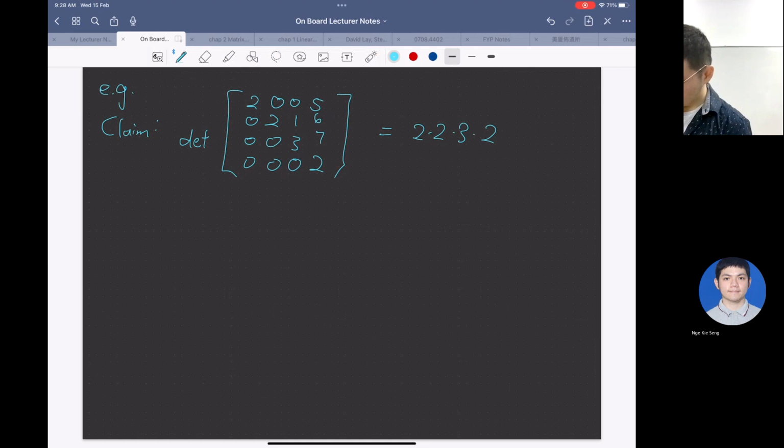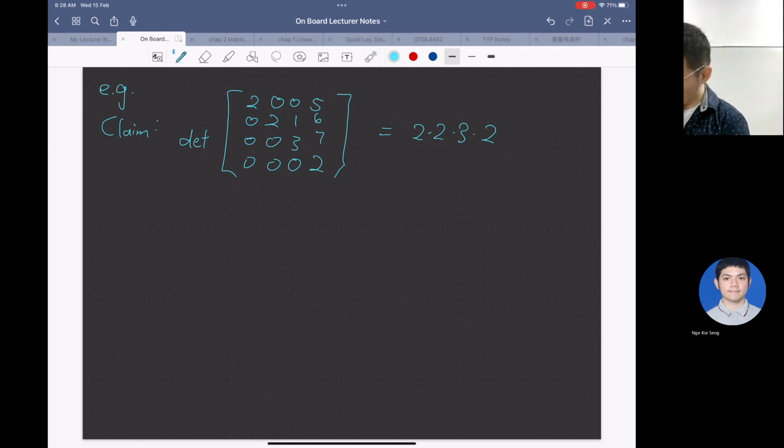Okay, so if we want to do cofactor expansion, which row do you want to pick? Since every row and every column is the same, which row do you want to pick? Okay, good.